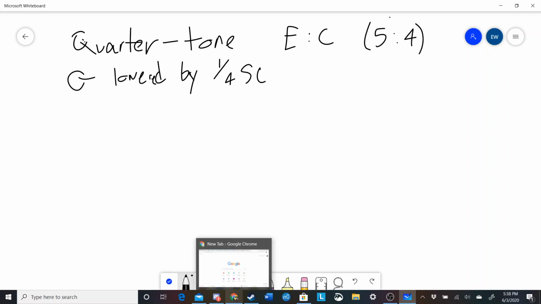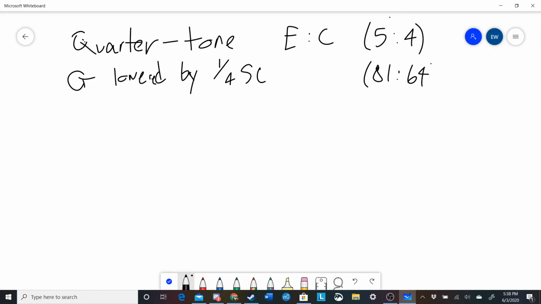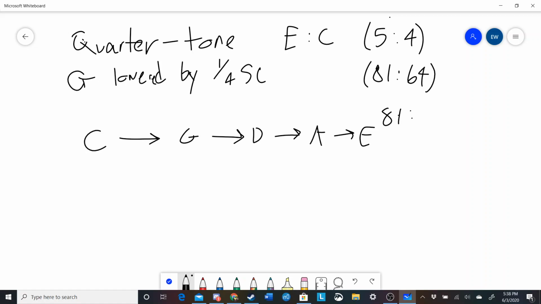And if you recall what I said earlier, in Pythagorean tuning, E to C would be 81 over 64 when we want it to be 80 over 64. So now, if we go along the circle of fifths, basically stacking fifths like you would do in Pythagorean tuning, we get 81 over 64.